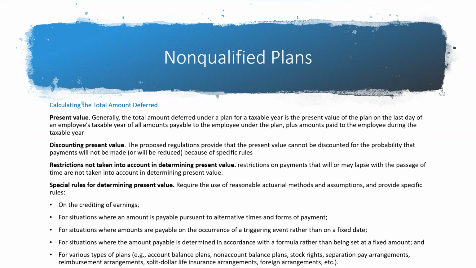Generally, those regulations require the use of reasonable actuarial methods and assumptions and provide specific rules on the crediting of earnings, for situations where an amount is payable pursuant to alternative times and forms of payment, for situations where amounts are payable on the occurrence of a triggering event rather than on a fixed date, for situations where the amount payable is determined in accordance with a formula rather than being set as a fixed amount, and for various types of plans listed on the slide.